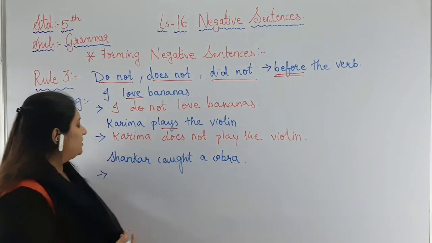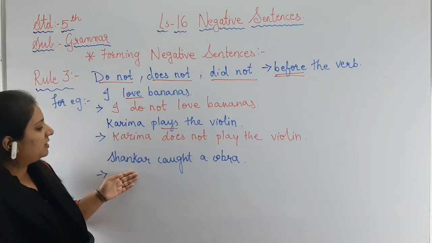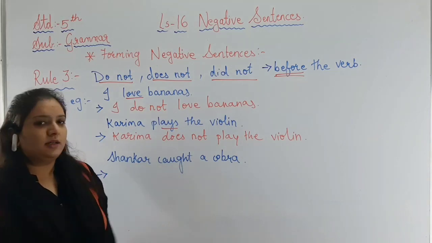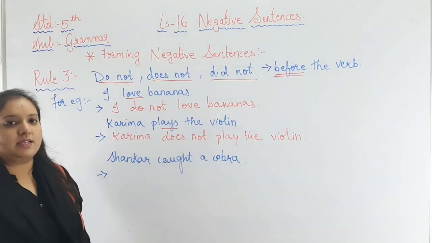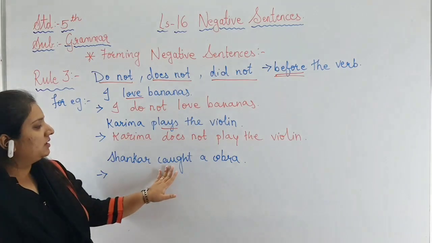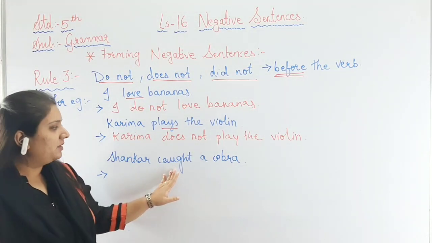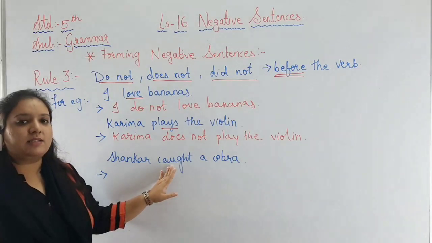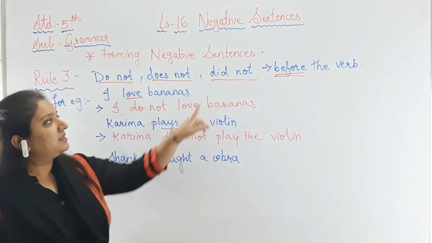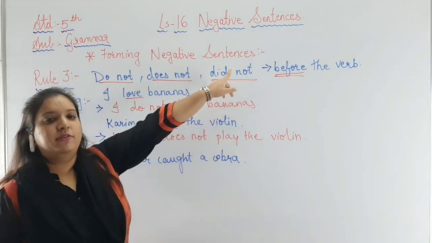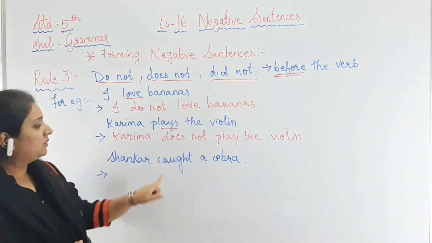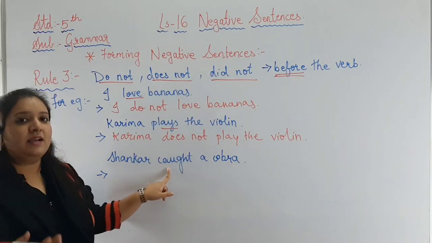Okay. Let us look at the third example: Shankar caught a cobra. If I identify this sentence, I see that the verb is caught, which is the past tense form of the verb. So automatically this is a past tense sentence. For a past tense sentence, I will use did not before the verb. Here the verb is caught, so it will become catch.